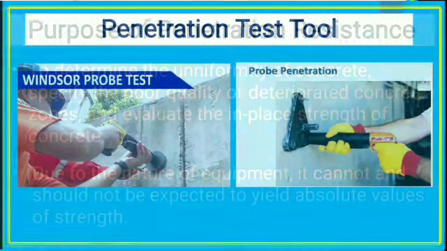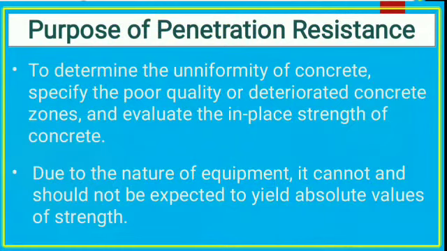The purpose of penetration resistance test is to determine the uniformity of concrete, specify the poor quality of deteriorated concrete zones, and evaluate the in-place strength of concrete. It is sometimes necessary to estimate the strength of concrete on site for early form removal or to investigate the strength of concrete in place because of low cylinder test results.